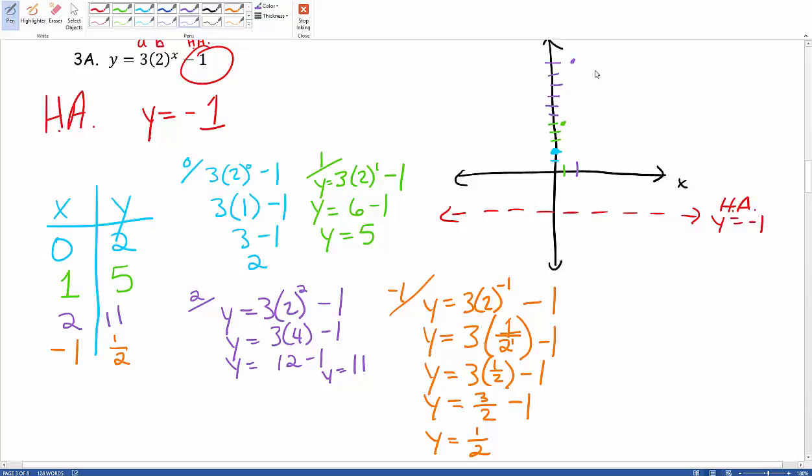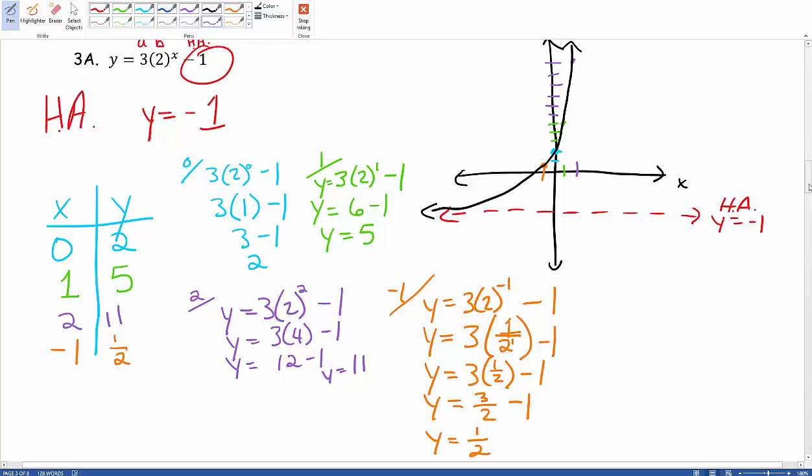So we're right about there. And then finally our orange one, negative 1, 1 1/2. Yeah, right about there. So when we finally connect these, we should see an image that is going upwards like this. We see it exponentially growing.